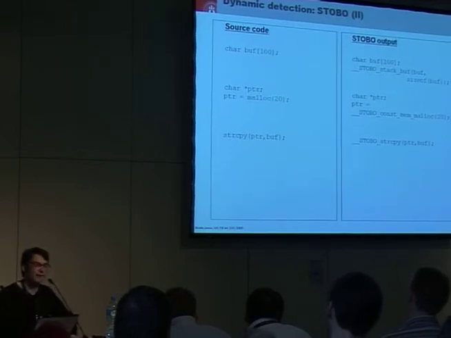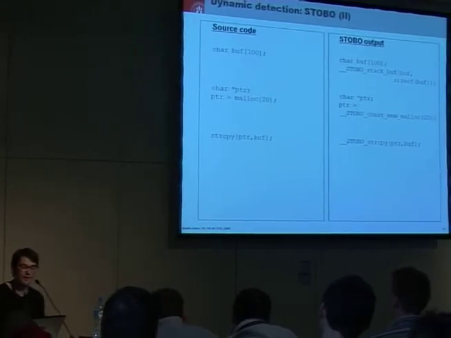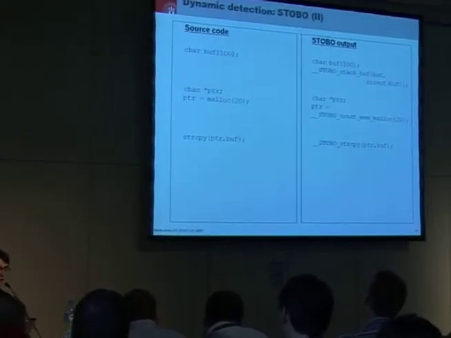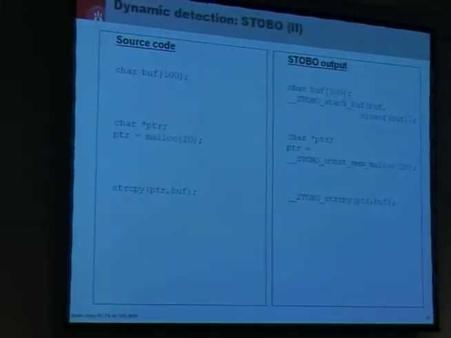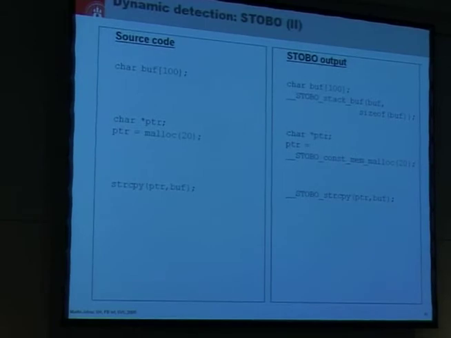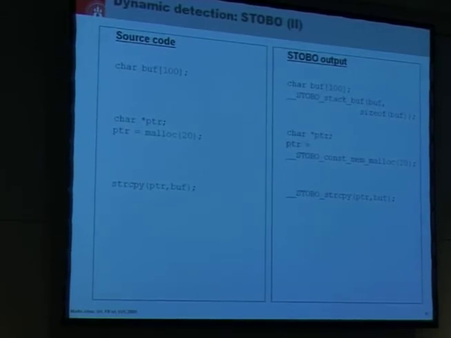So we might have a problem here at some time, even not with the actual data I'm working with right now during the execution, but if somebody using the program tries to overflow me, he might write too much data into buffer and overflow pointer. So Stobo is able to notice that we might have a possible buffer overflow here.